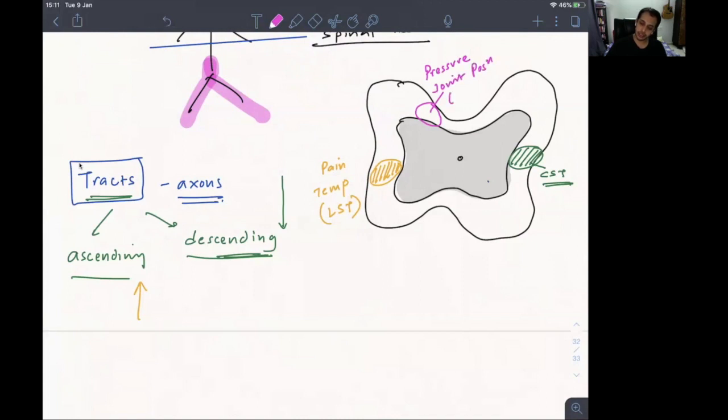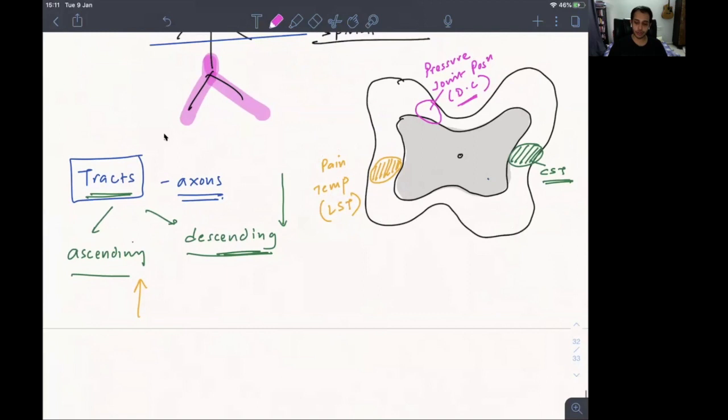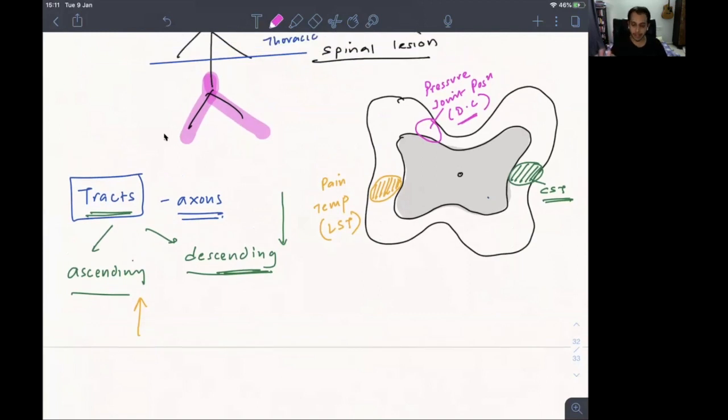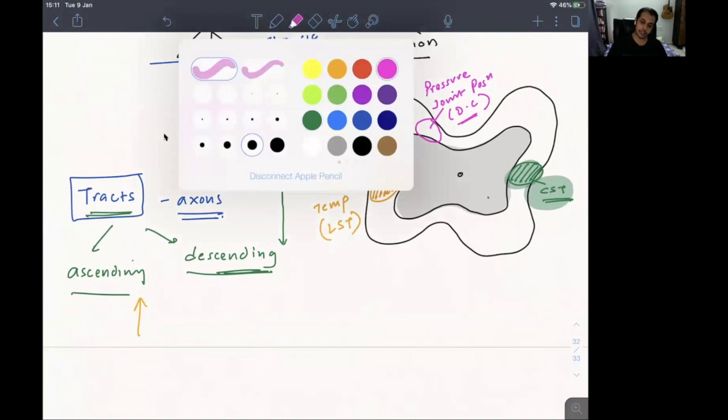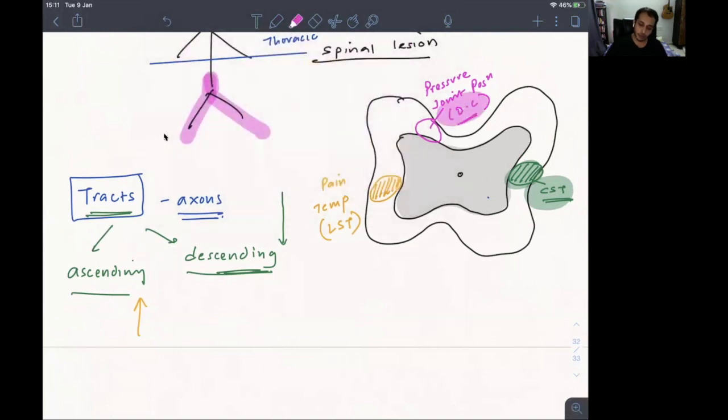And this is known as dorsal column. Okay, so you have three main tracts. One is a descending one, which carries information about our motor movements. One is an ascending one for your posterior column sensations, which is pressure and joint position. And one is your pain and temperature sensation, which is called the lateral spinothalamic.